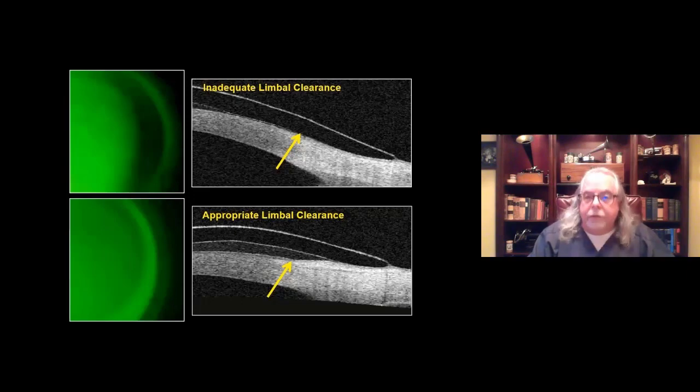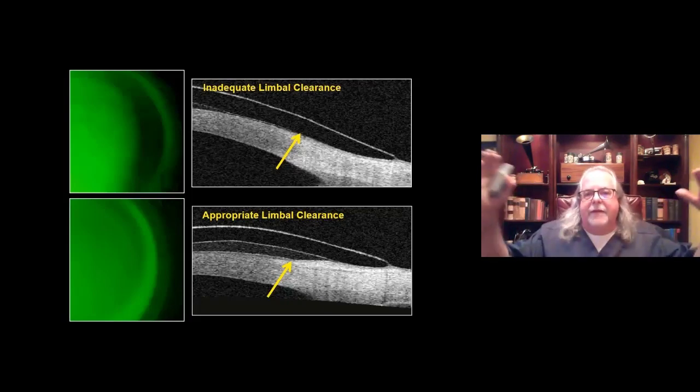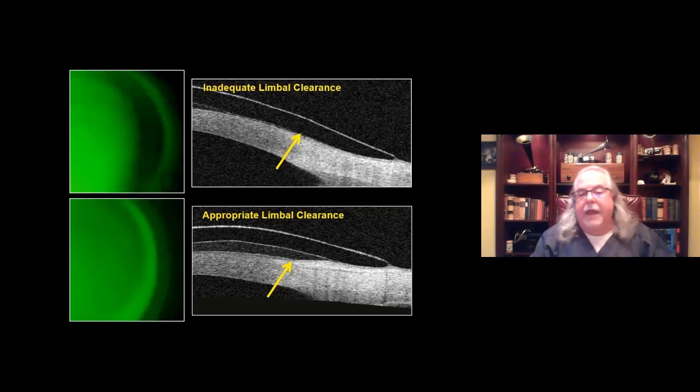So when you're looking at that thinning of fluorescein in the peripheral cornea, be sure to look at the adjacent limbal clearance, because lifting just the limbal clearance is going to lift the entire contact lens. It's going to create the limbal clearance, the peripheral corneal clearance, and additional apical clearance.